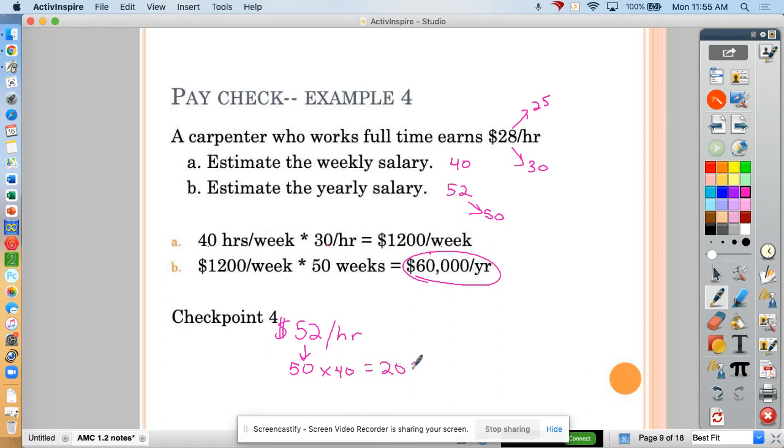So I would say he makes about $2,000 a week. And then again, the same question for a year. And so I would take 2,000 and multiply that by 50. And so this would be my A question. And then he would make about $100,000 a year at that estimation. Okay.